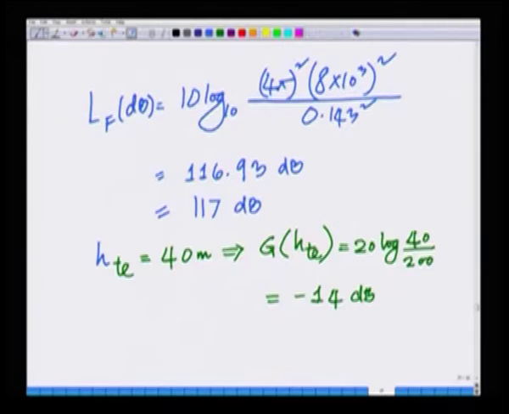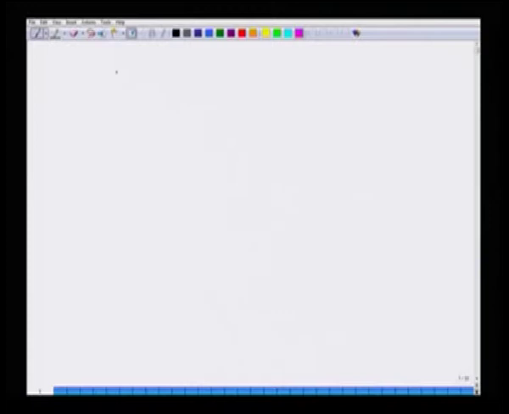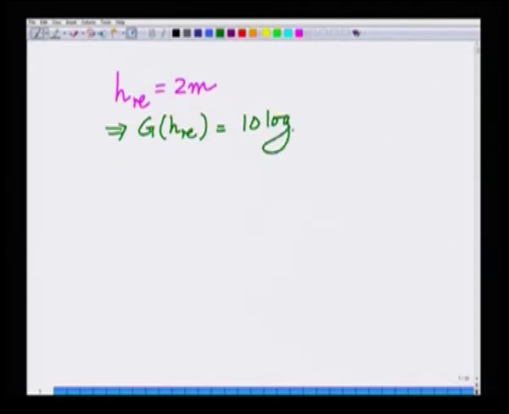So, the next thing we want to compute is the receive antenna gain factor. We have the receive antenna height equals 2 meters, hence the receive antenna gain factor G H R E equals 10 log10 of 2 by 3, which equals minus 1.76 dB.